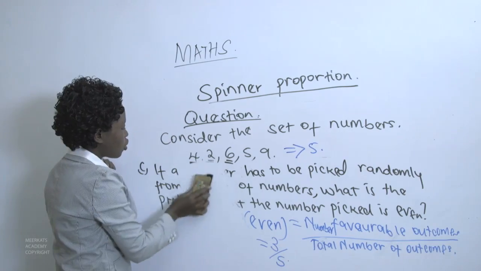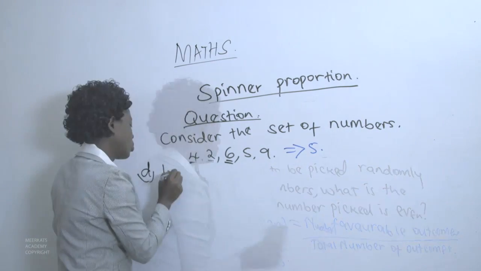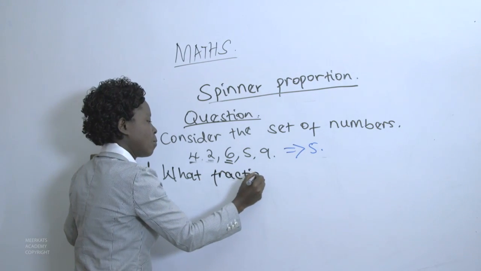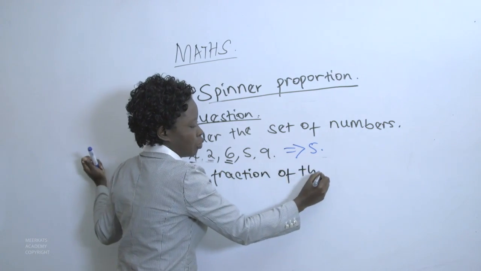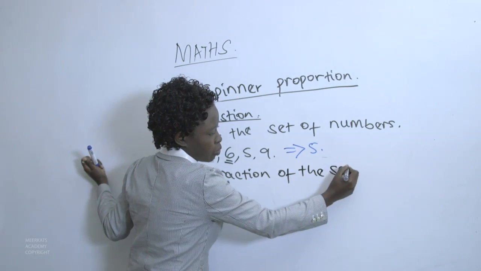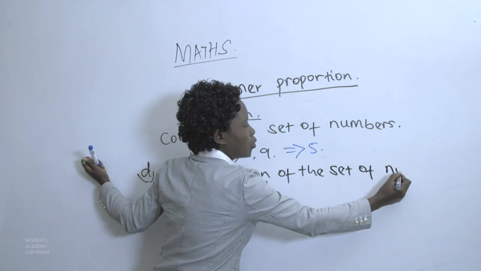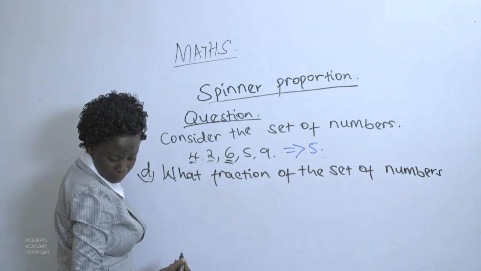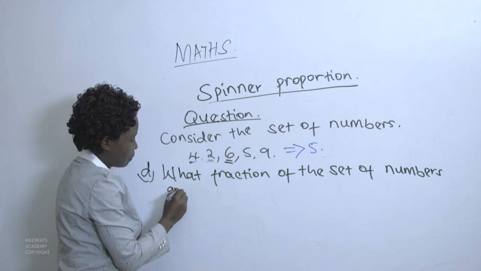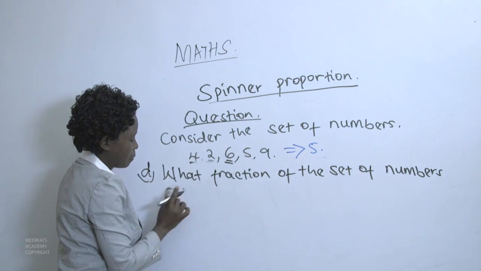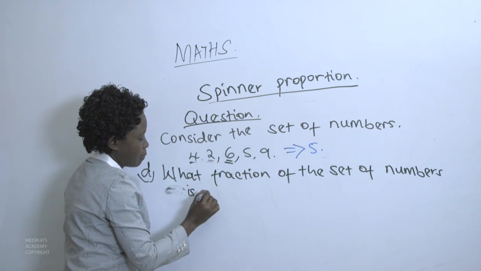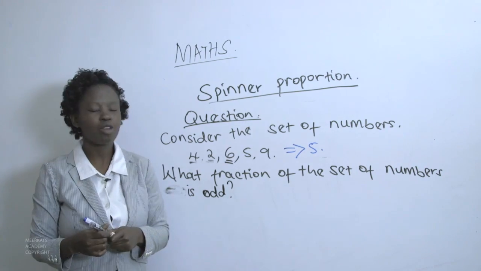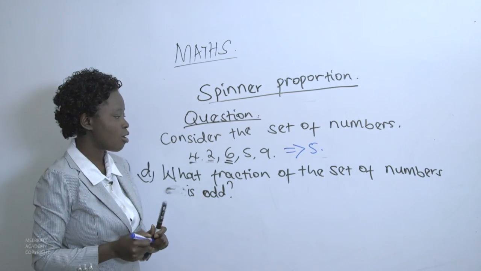Then maybe one last question on the same. So we are to find the fraction of the set of numbers that is odd.